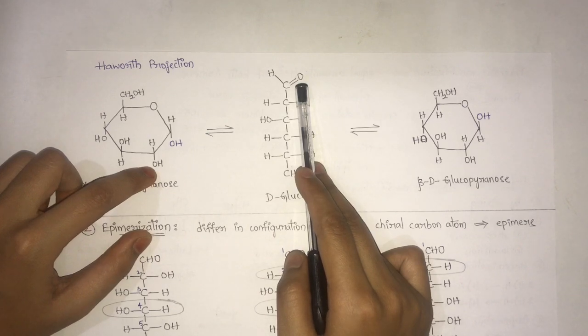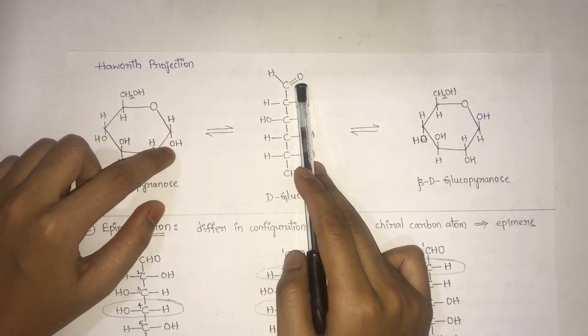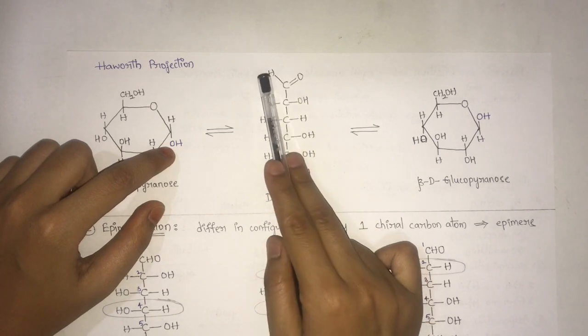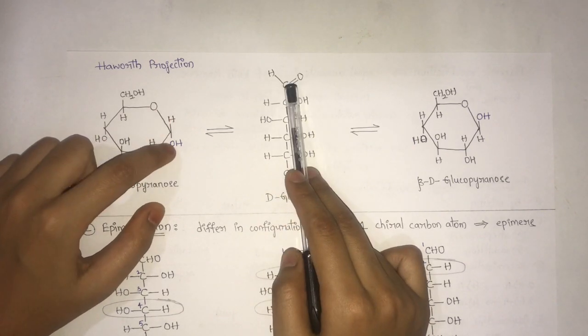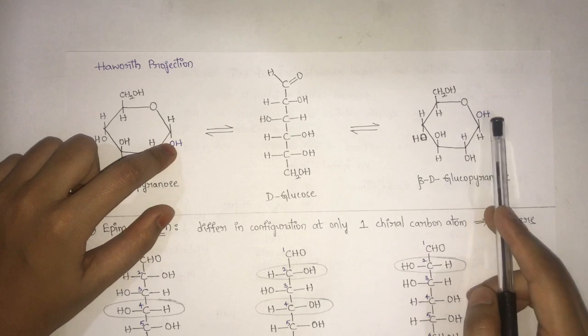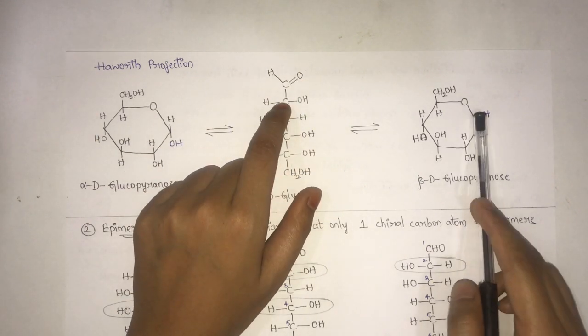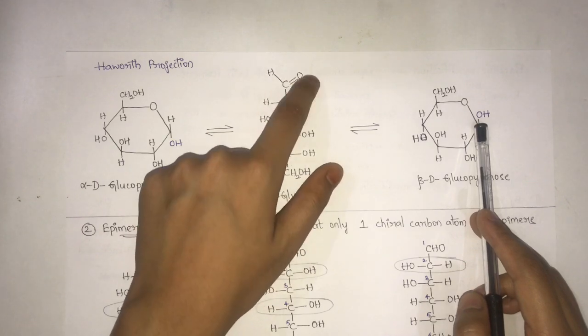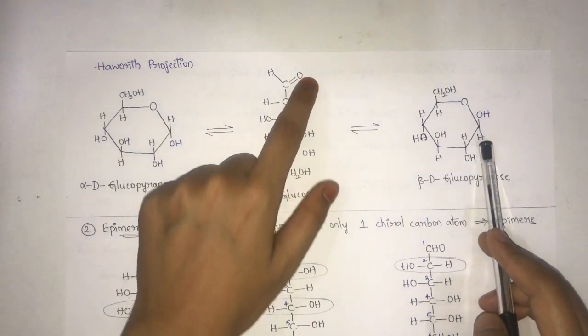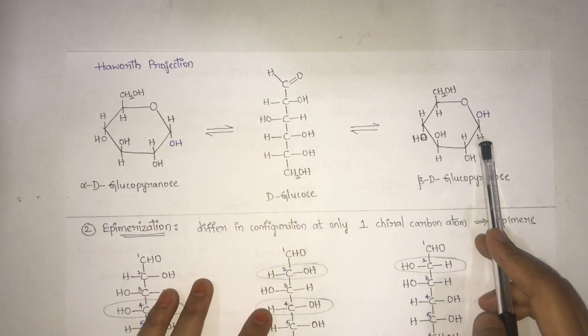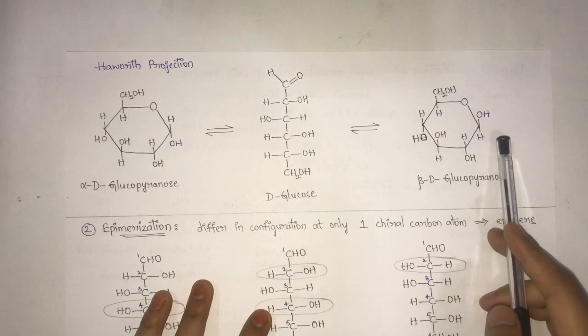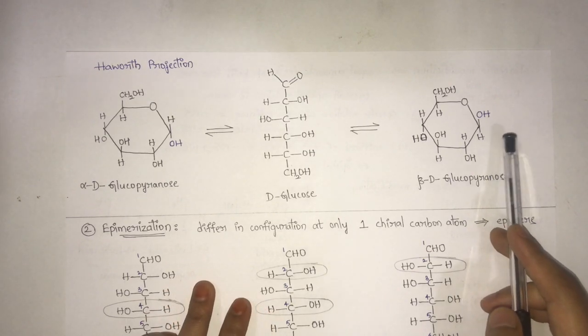If it is on the right side, then you will write hydrogen up. Coming to beta D glucopyranose, your hydroxyl will be on the left side. So here you will write it up, and hydrogen will be on the right side, down. So by this pyranose structure, we can differentiate the molecule.